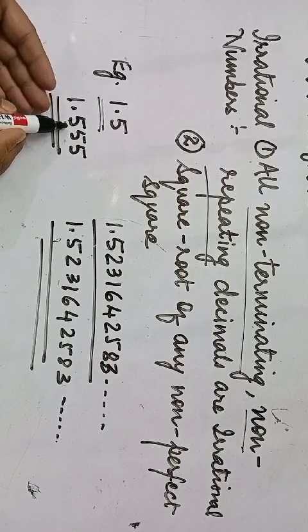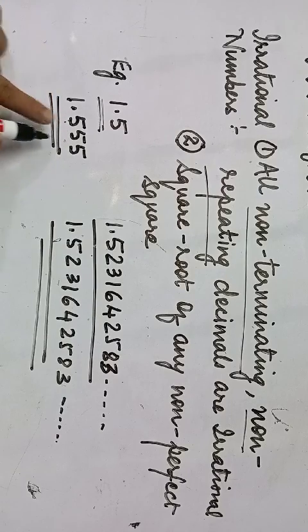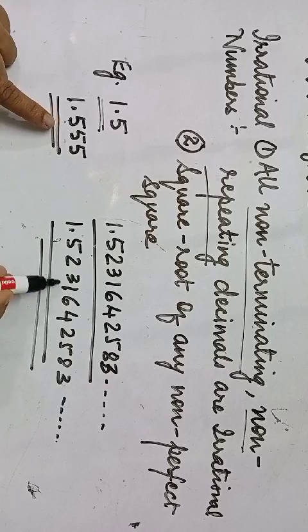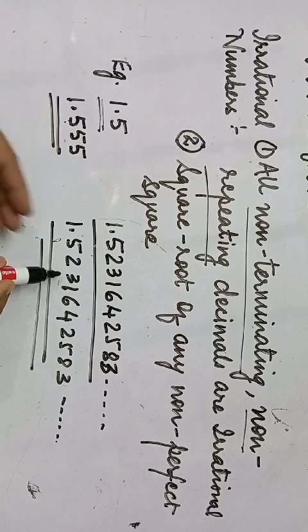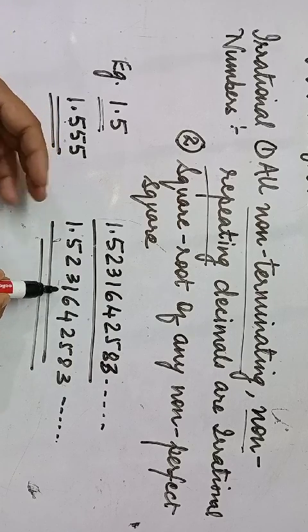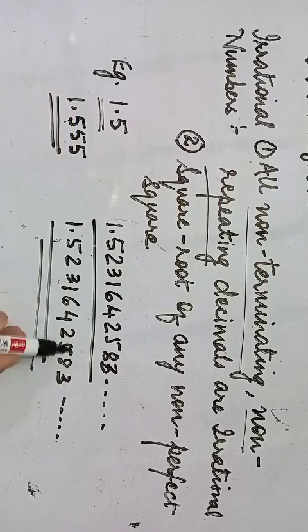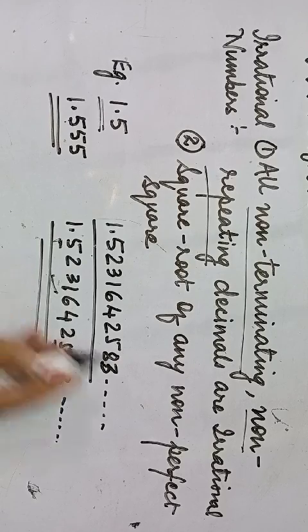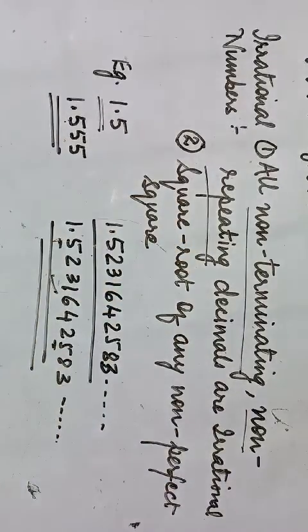In fact the number 5 is repeating all the time. So this is a repeating decimal, whereas this is not a repeating decimal, because there is no sequence which is getting repeated. You can see a 5 here and a 5 here also, but you can't say that it is repeating, because all these digits are in random order. There is no particular sequence. So this is an example of a non-repeating decimal.